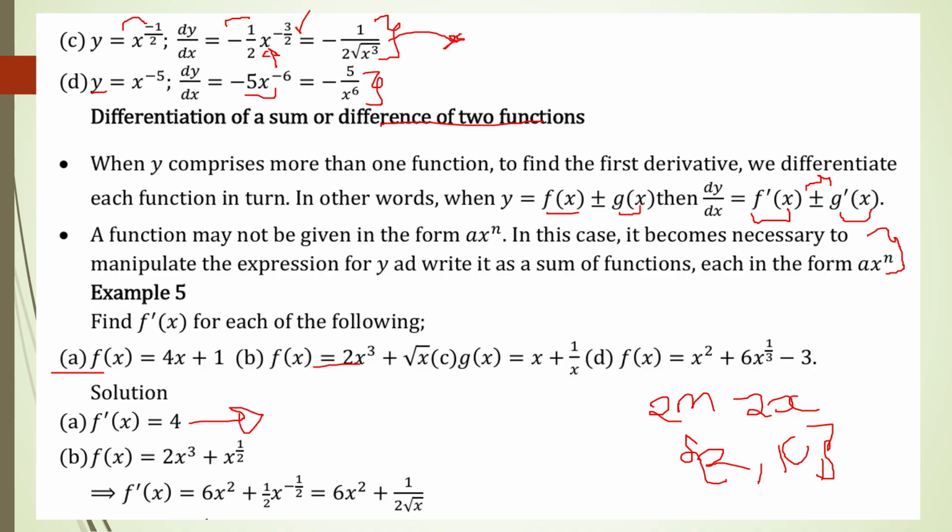If you look at part B, we have 2x cubed, then plus x power half. So we differentiate these ones separately. So first, to show that we're differentiating, I put a prime on f of x to show the examiner that I'm differentiating. Now if you differentiate 2x cubed, according to what you have looked at, we say that don't differentiate the constants attached to the function.